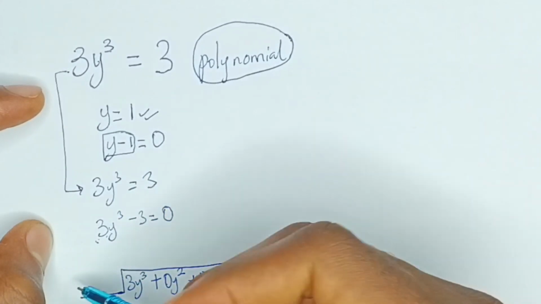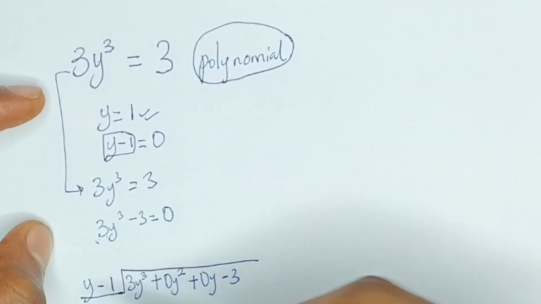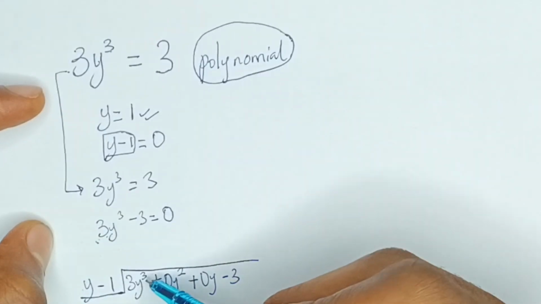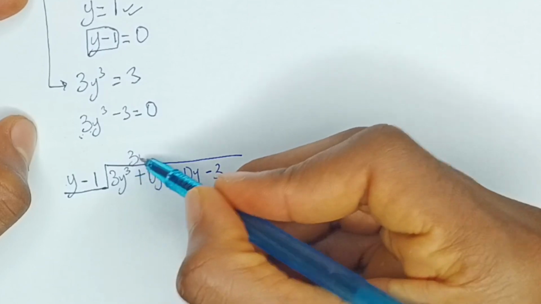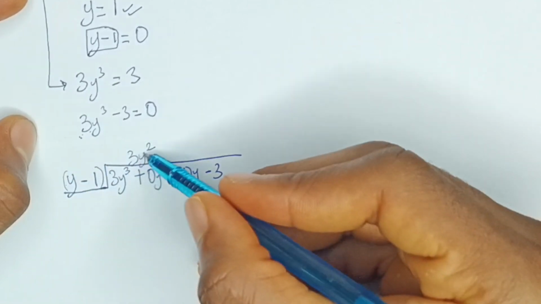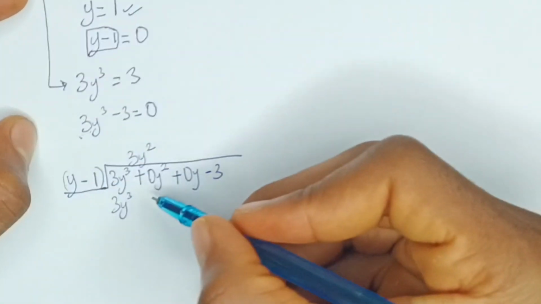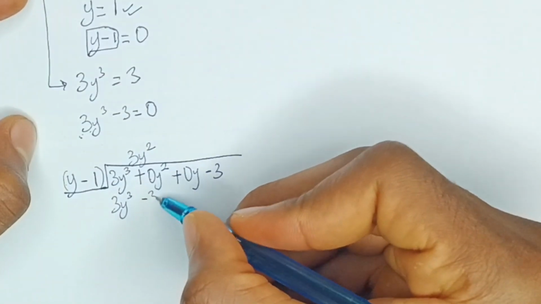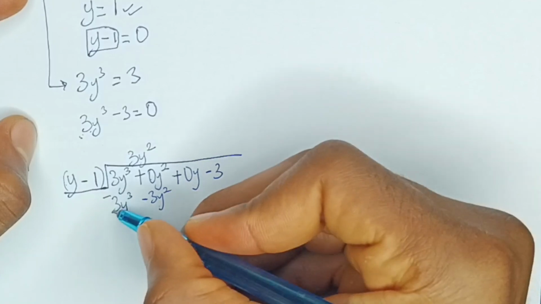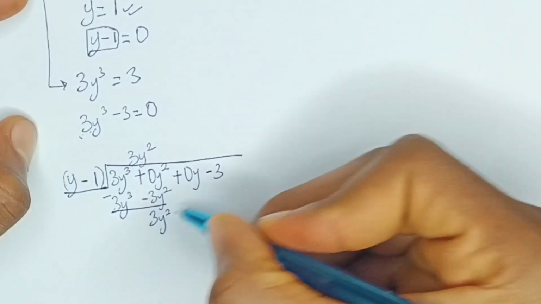And then I'm dividing it with y minus 1. y will go into 3y raised to power 3 to give me 3y squared. And then 3y squared will multiply here. 3y squared times y is 3y raised to power 3. 3y squared times 1 is negative 3y squared. And when I subtract, what I have left is positive 3y squared.